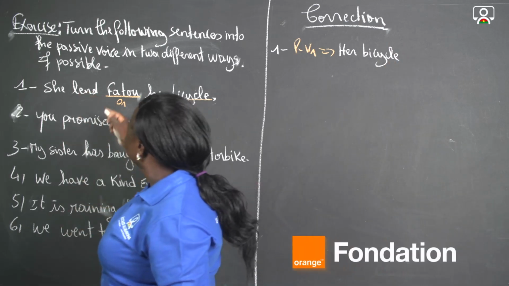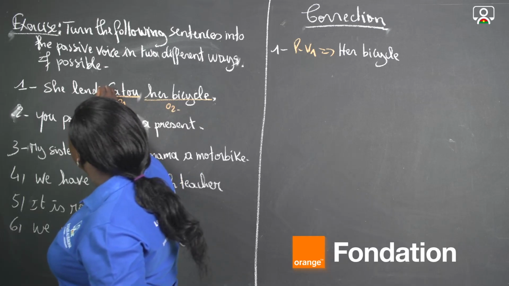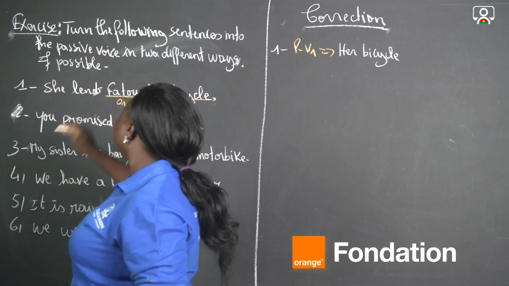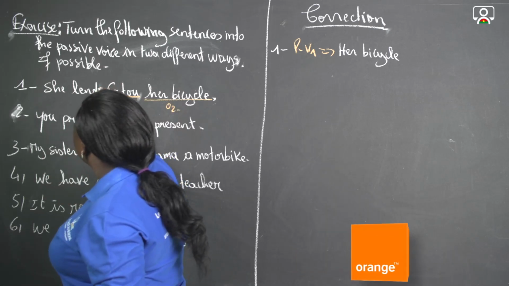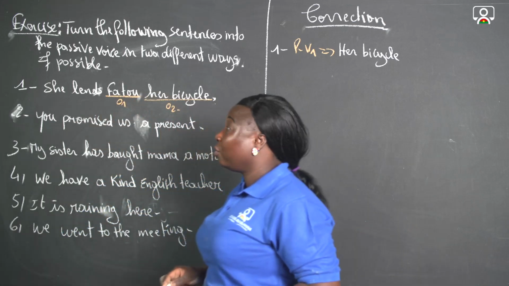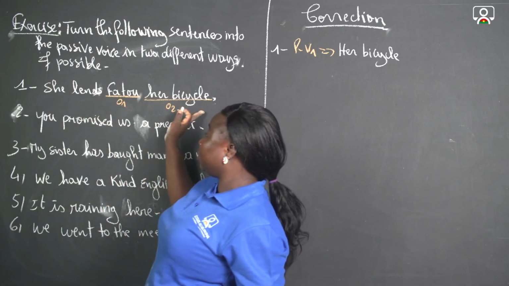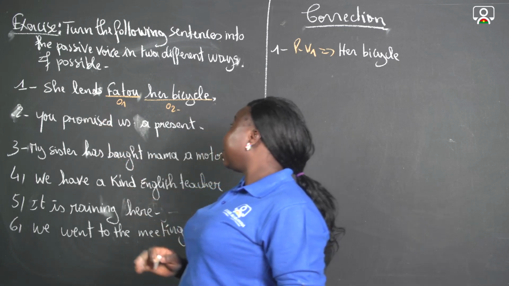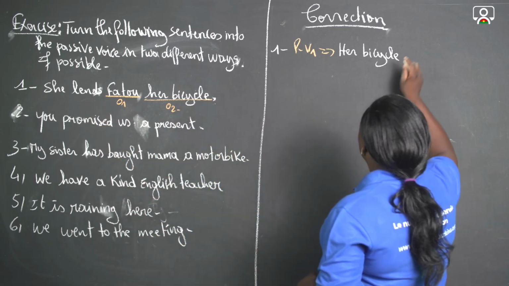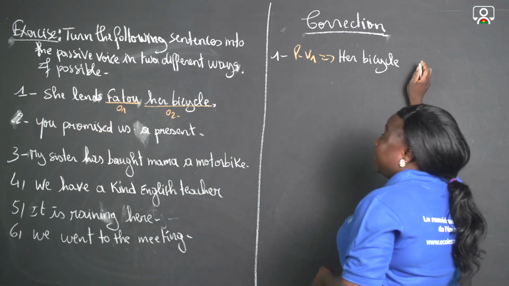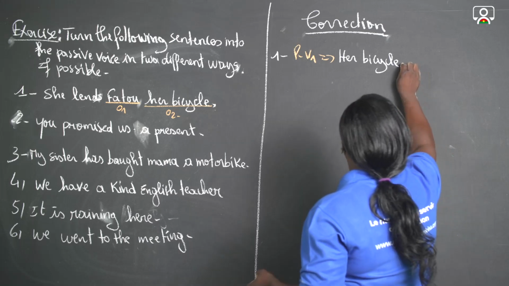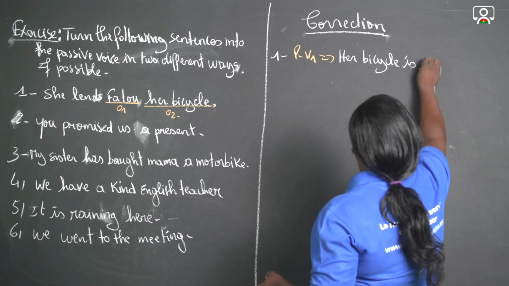Oh, sorry. She lends. Sorry, the verb is in the simple present, okay? She lends Fatu her bicycle. So, lends, we are going to conjugate to be. So, her bicycle is lent.